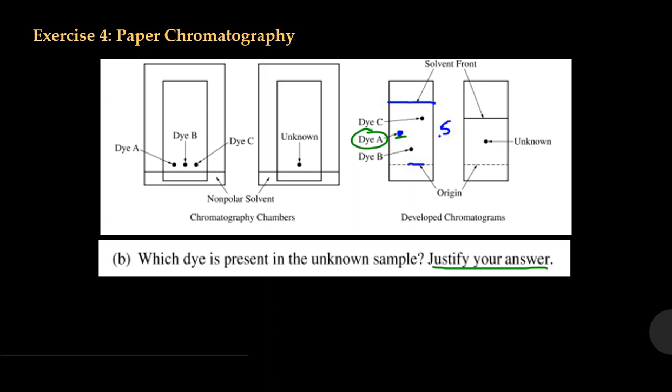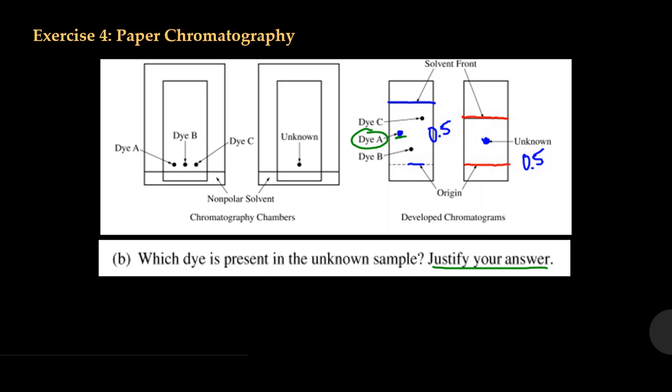But since it went about halfway, that's going to be about 0.5. And if you look over here at the unknown, its solvent front isn't as far from its origin here, and you can see it also traveled towards the middle of the solvent. That would also be approximately halfway, or 0.5, right?